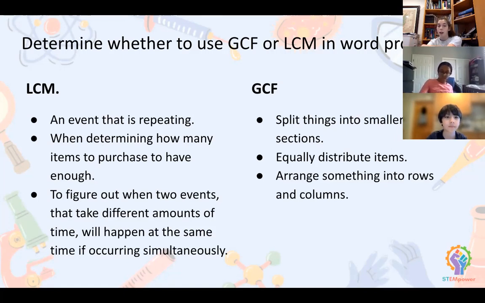And also to figure out when two events that take different amounts of time will happen at the same time.